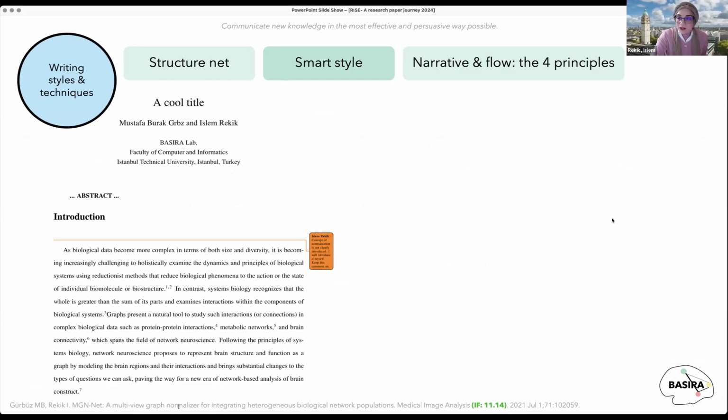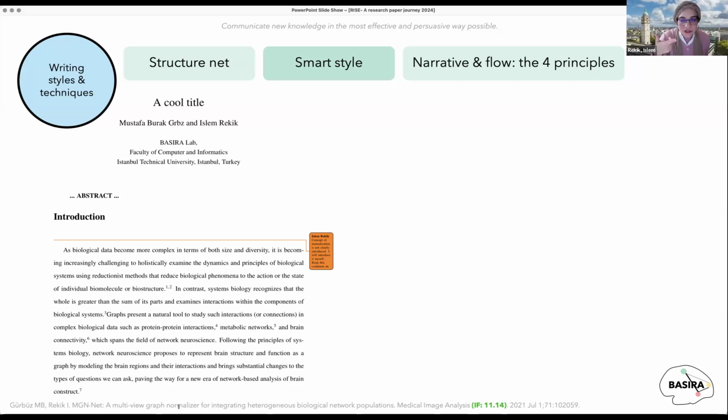Another example here shows that it's really important to choose a cool title for your paper. Many authors completely overlook the title. The title is the bait you're using to engage the reader.